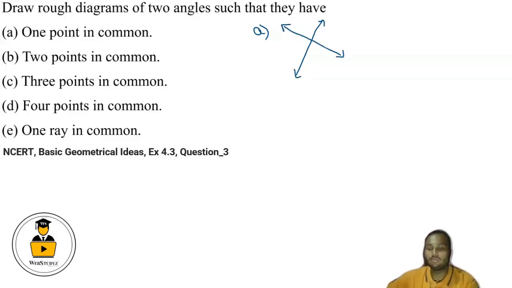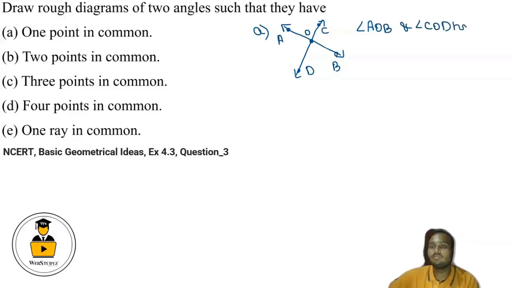So for 1 point in common, I can name this point as O, this point as A, this as B, this as C, and this be D. Fine. So angle AOB and angle COD have point O in common.